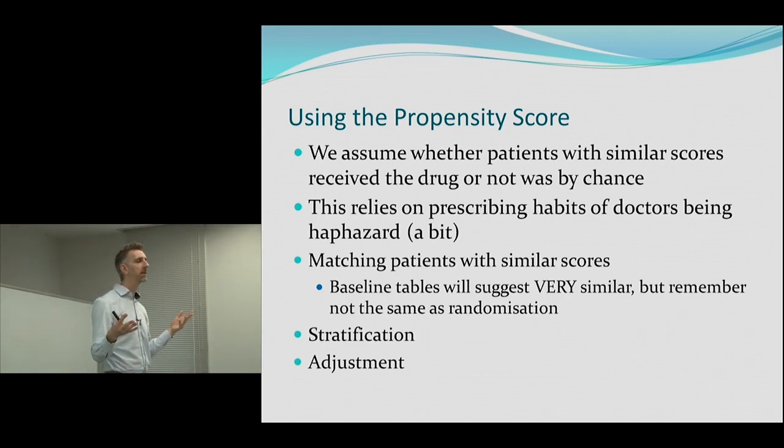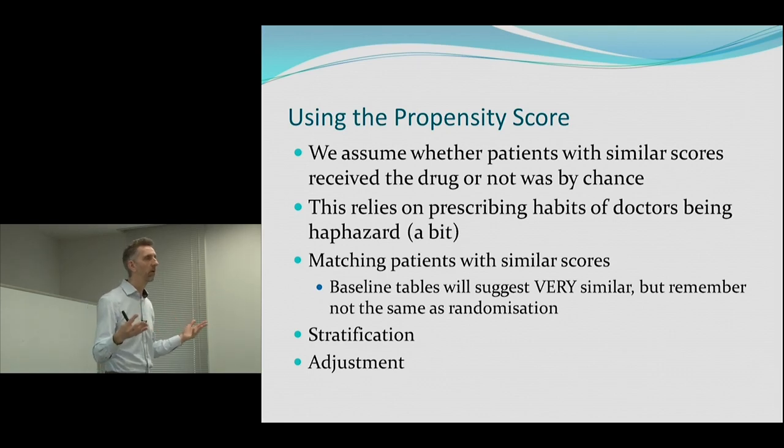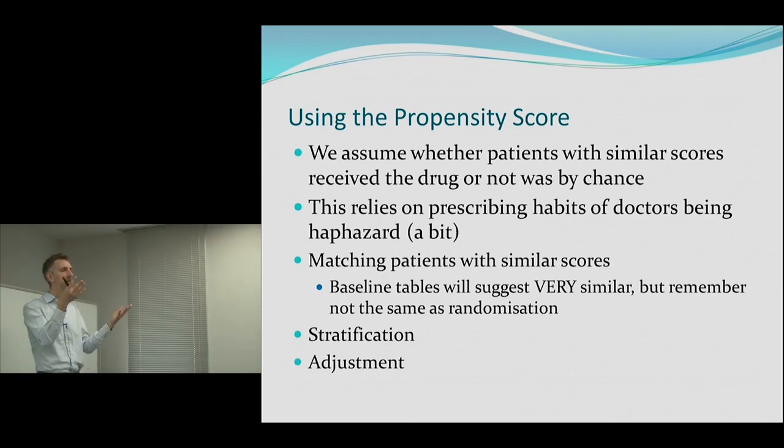It means that my baseline table of the exposed and the unexposed will look very, very similar. The age, the sex, the distribution of heart disease and diabetes is going to look very similar between the exposed and the unexposed. It means I could then run a very simple Cox model or Poisson regression where I don't need to adjust for anything, because I've got these two populations where their distribution of risk factors is the same. Known risk factors is very important to say. So that's one thing I could do.